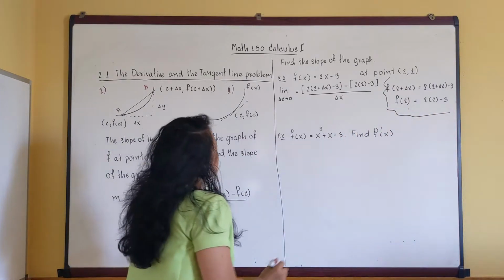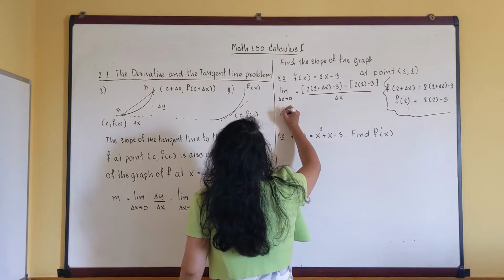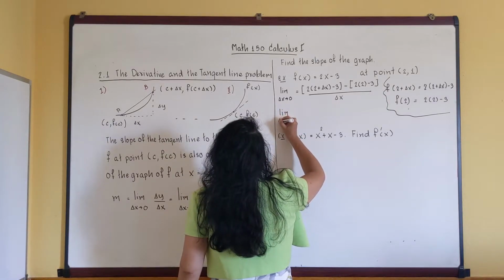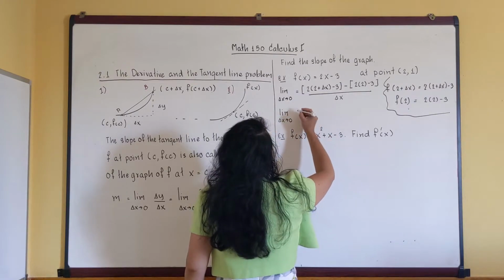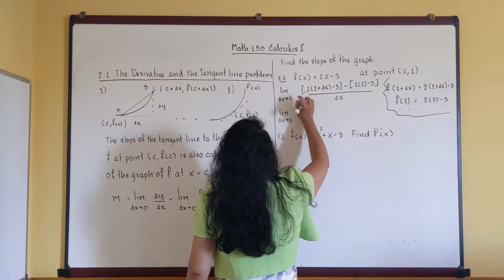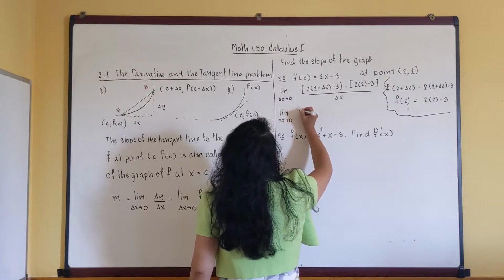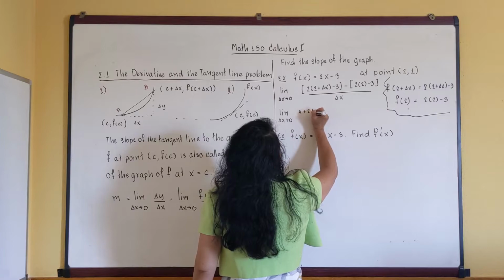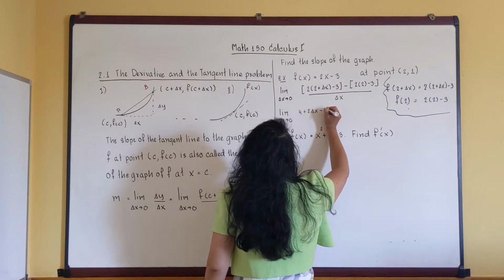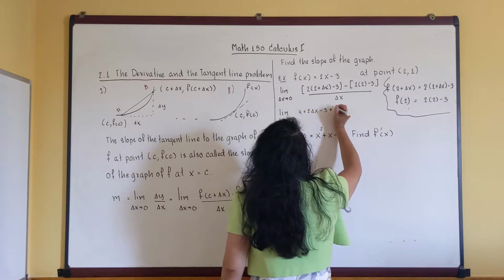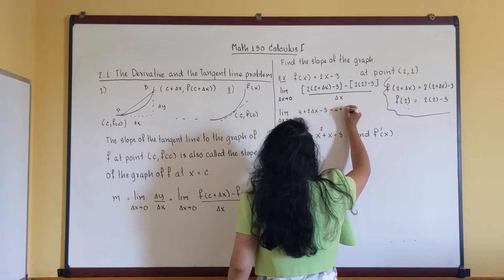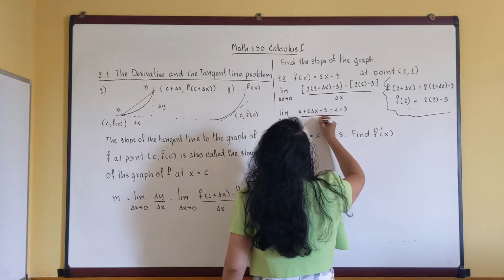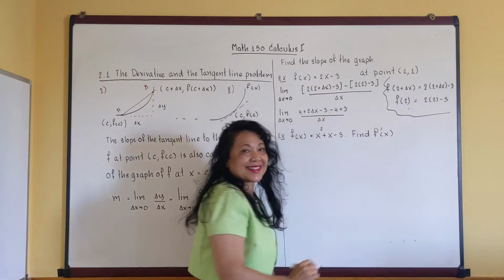Alright, so from here, let's continue. I have the limit as delta x approaches 0. Let's distribute everything in. I would have 4 plus 2 delta x minus 3, minus 4 plus 3, over delta x.